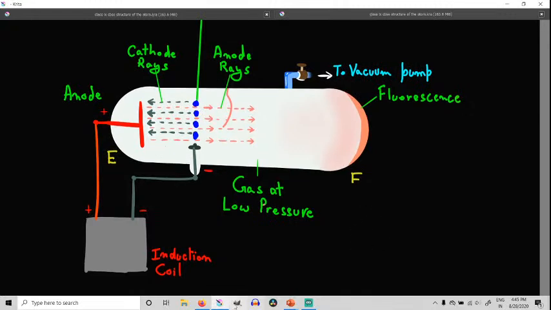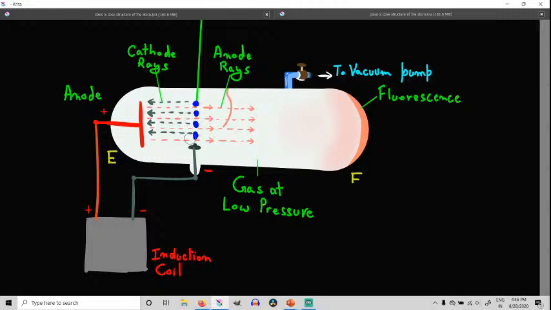Anode is always known as the positive electrode because it is always attached to the positive terminal of the battery. Cathode is always attached to the negative terminal. You can see this is the negative terminal and this is the negative electrode, which in this case is a perforated one, because pores are there.